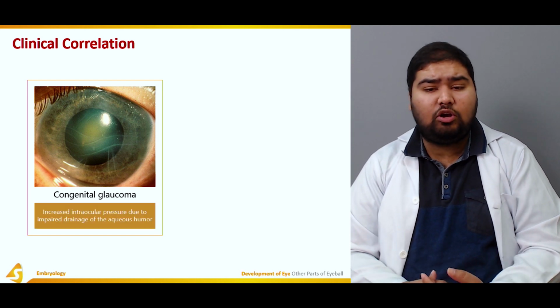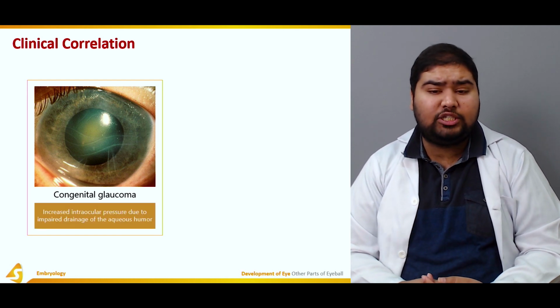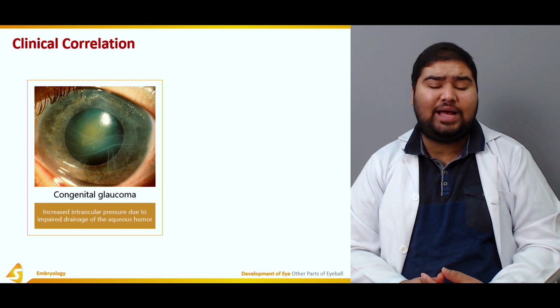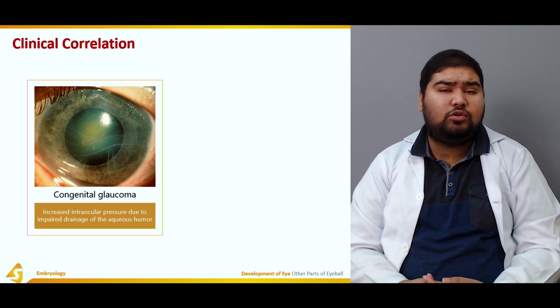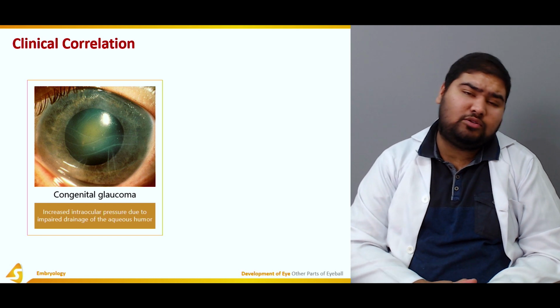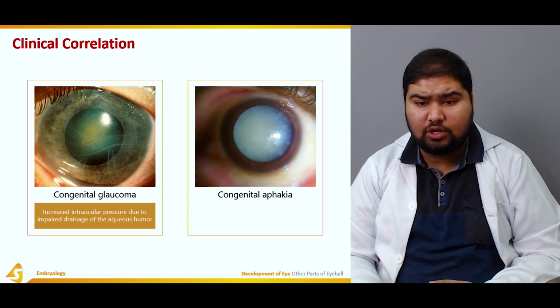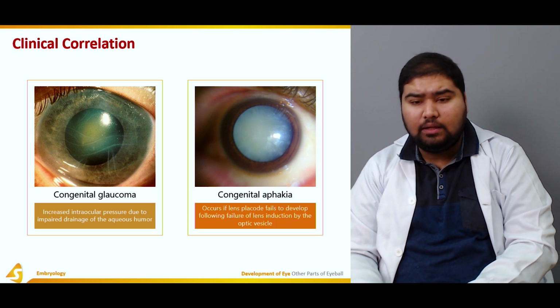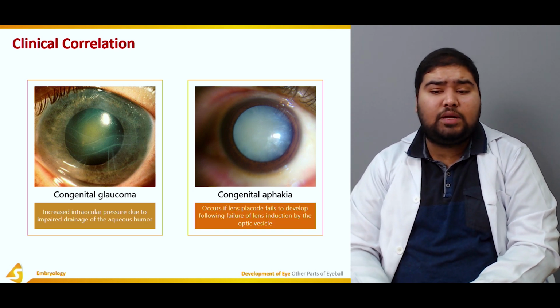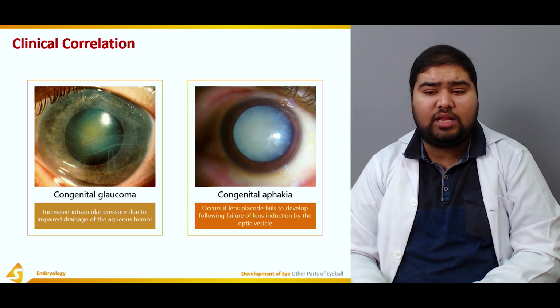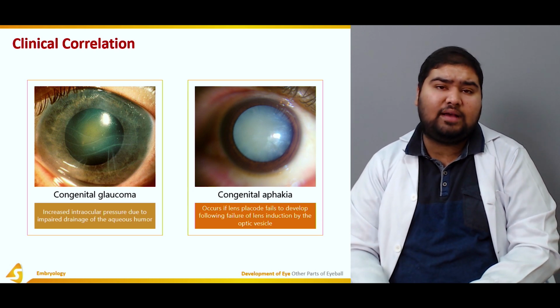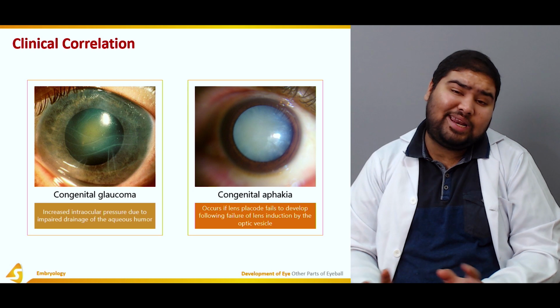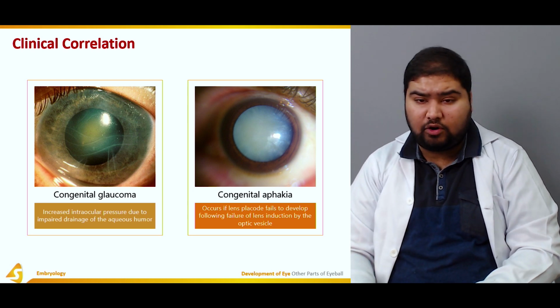Congenital glaucoma is increased intraocular pressure due to impaired drainage of the aqueous humor. And then we can have congenital aphakia. It occurs if the lens placode fails to develop following failure of lens induction by the optic vesicle. That is, the lens has not been formed.